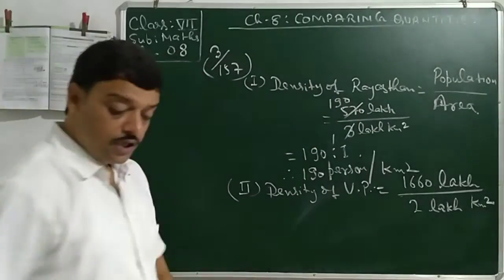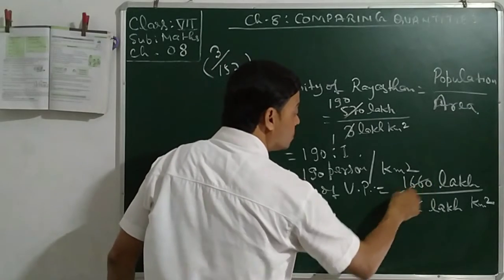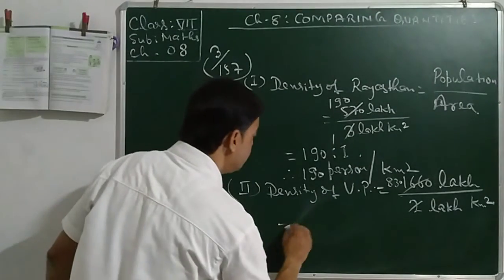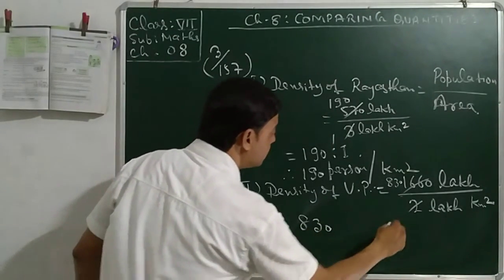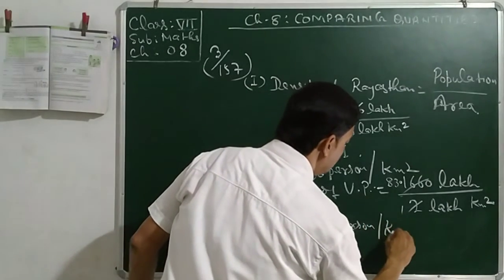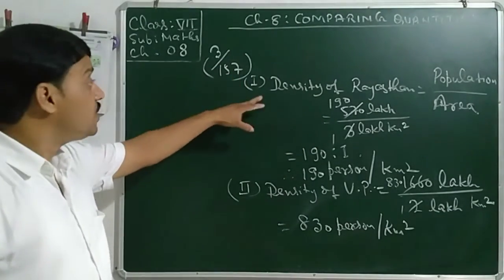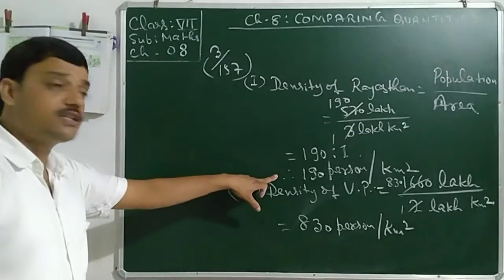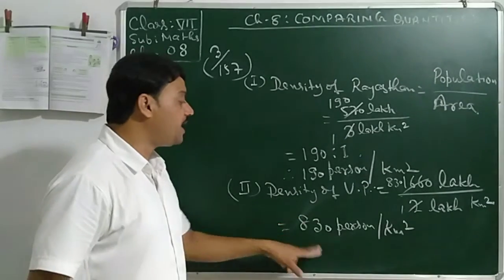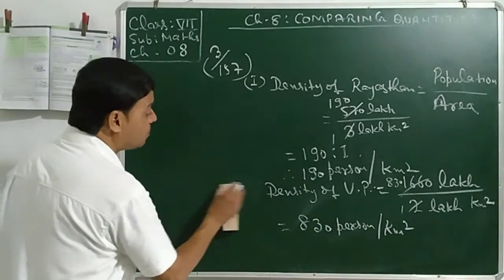Now if you reduce them to the lowest term, you will get 2 830s are 1660. So we got here 830 person per square kilometer. So density of Rajasthan, you got 190 person per square kilometer, and density of UP you got 830 person per kilometer square. Now it was the first part only.